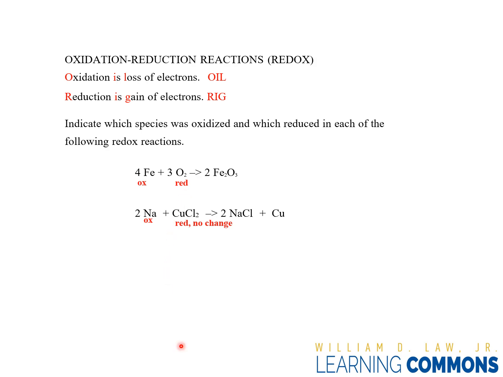If you see here, the iron is oxidized because the charge of the iron by itself is 0 before, and the charge of this one is -2, but after they react, iron with the oxygen, the iron's charge becomes +3. He lost 3 electrons, and this one becomes oxidized.